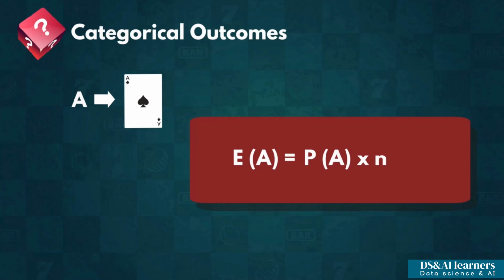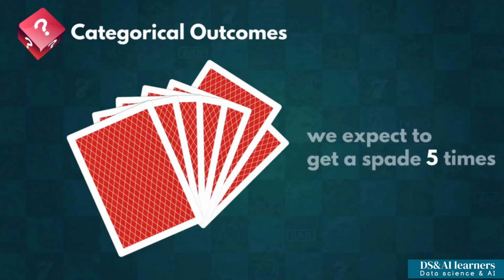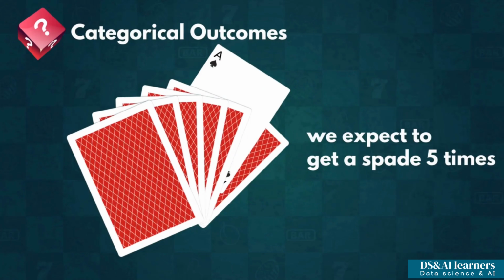It is equal to 1/4, or 0.25. If we repeat this action 20 times, the expected value would equal 0.25 times 20, which equals 5. An expected value of 5 means we expect to get a spade 5 times if we run the experiment.